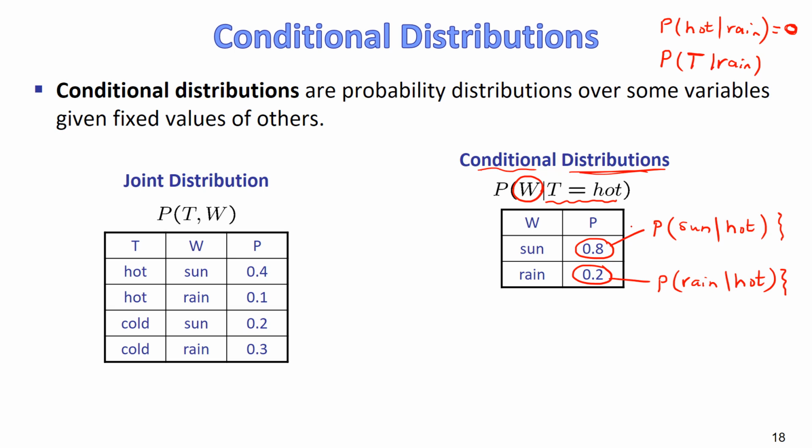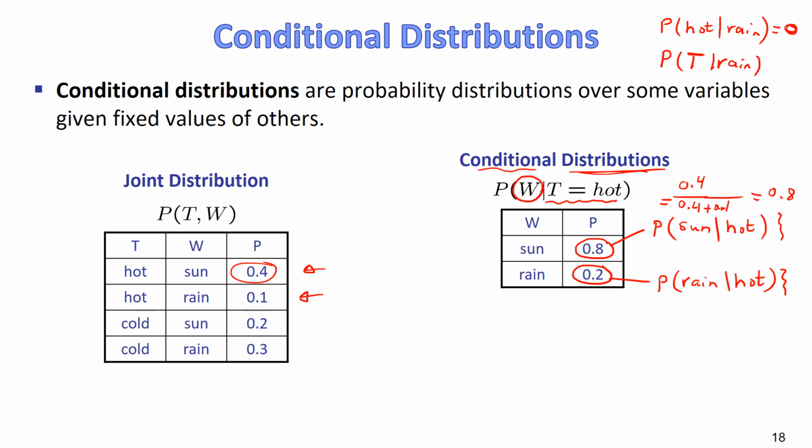The same way we calculated them in the previous two slides. So, for example, probability of sun given hot is probability of sun and hot, which is 0.4, divided by probability of hot, which is 0.4 plus 0.1, which is 0.4 divided by 0.5, which is 0.8.